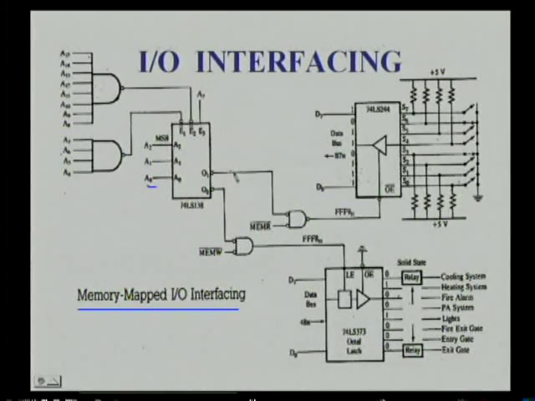Since the input device is connected to O1, A0, A1, A2 must be zeros, and to enable this chip, E3 must be high and E2, E1 must become zeros. These two will become 0 when all inputs are high, because they are not inverted. So, A15 to A4 must be high, hence this forms address FF9. Similar logic can be applied for finding the address of this output device, it will be FF8.